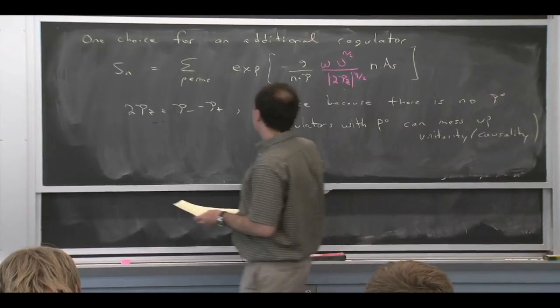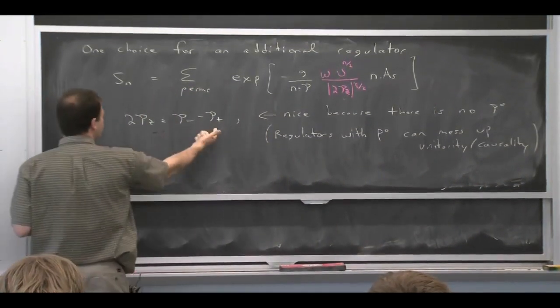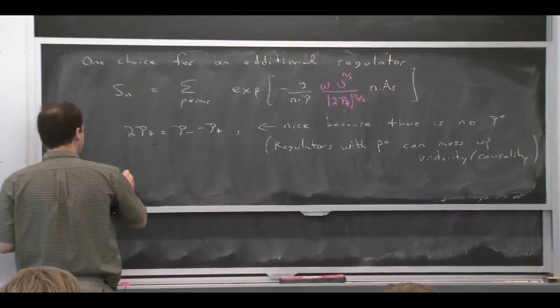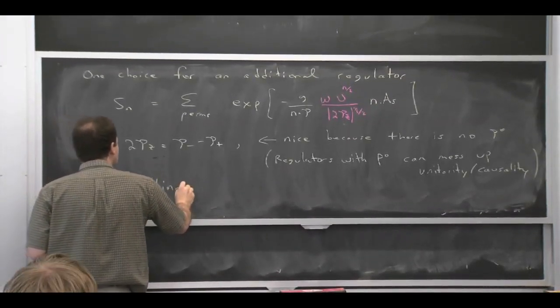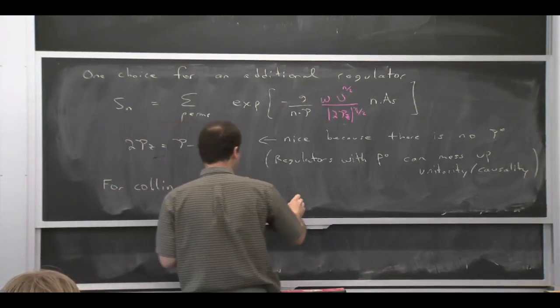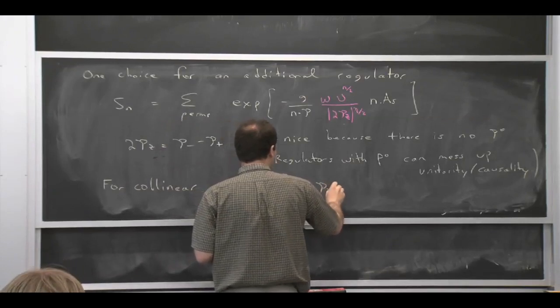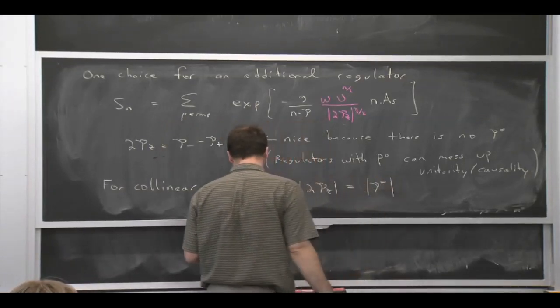For the collinears, we can do something similar. But for the collinears, we also have a power counting between the minus and the plus. So we can still make the power counting okay by putting in pz, but then just expanding it to be a p minus.